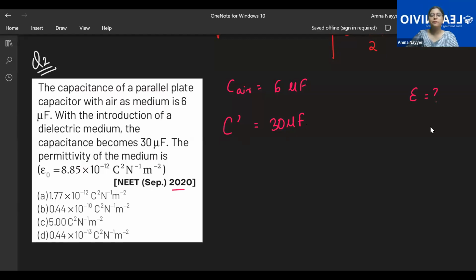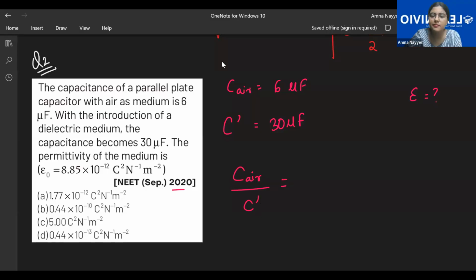It's a very good question. Can anyone tell me how I should begin this question? What should be the first step? Okay, if I take the ratio C in air divided by C in the dielectric medium, what will this be equal to?